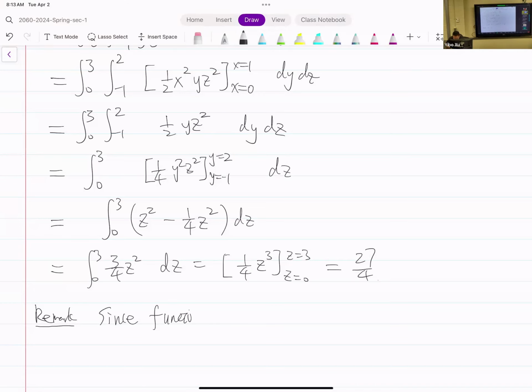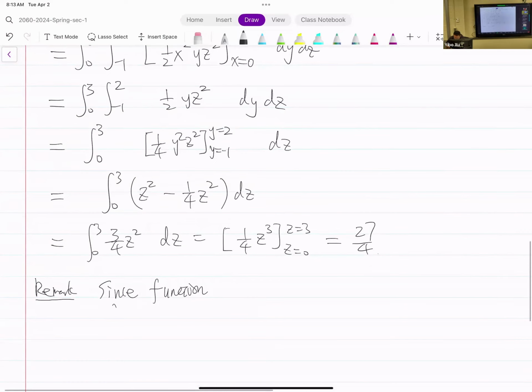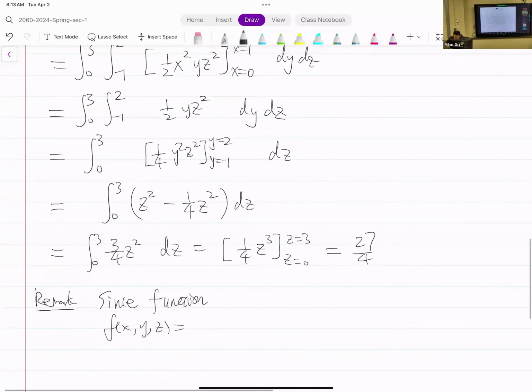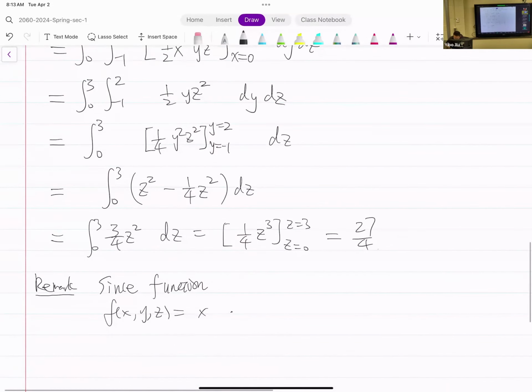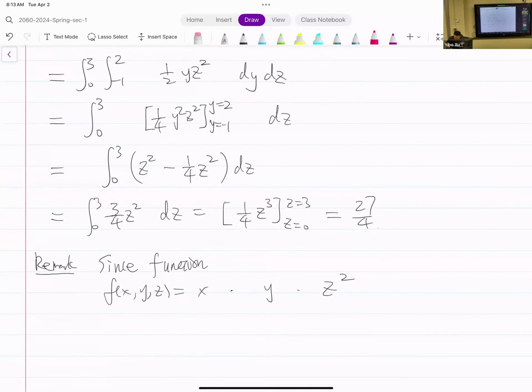Okay. So the function f of x, y, z that we just saw is x y z squared. So x times y times z squared. Here the first part only relates to x. And the middle is a function of y only, right?